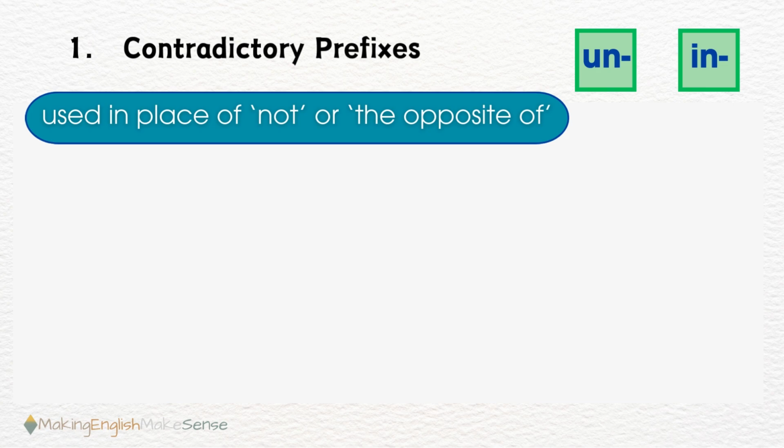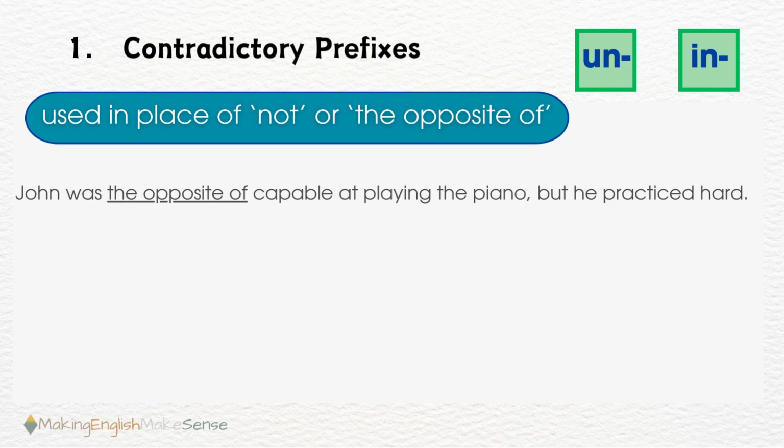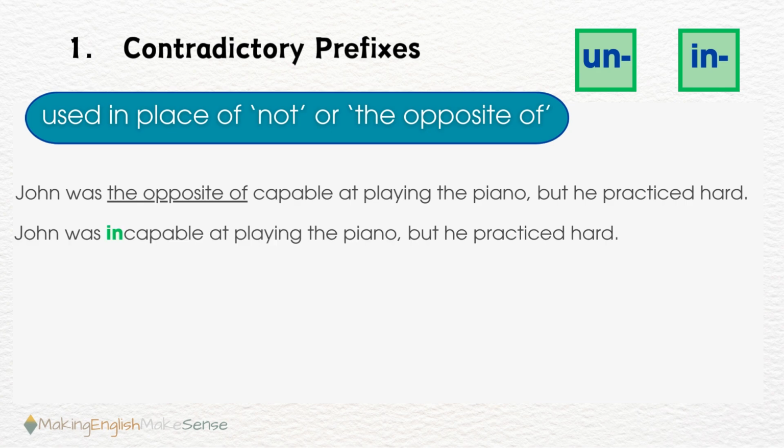For example, let's take the sentence, John was the opposite of capable at playing the piano, but he practiced hard. I can replace the wordy phrase the opposite of with the prefix in and make John was incapable at playing the piano, but he practiced hard.